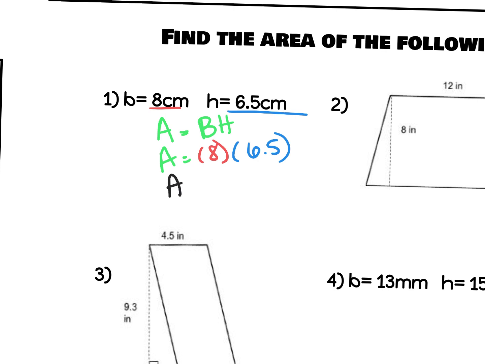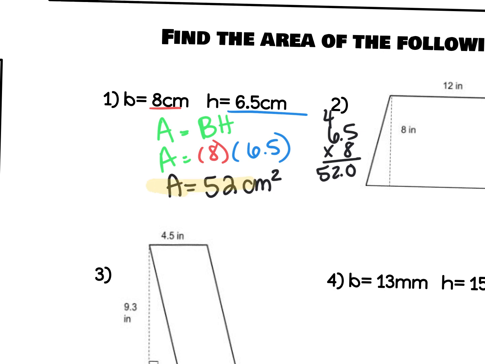And then I need to find my answer. Okay, so I'm going to multiply over here to the side. Eight times 6 is 48 plus 4 is 52. So there you go. My area is 52 centimeters squared.